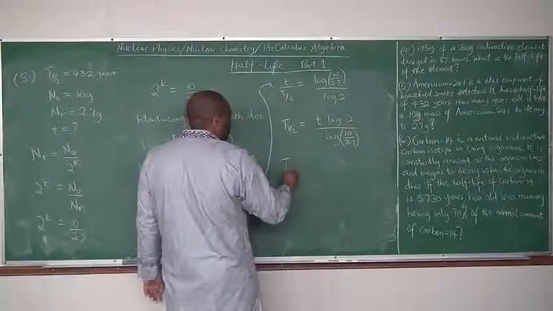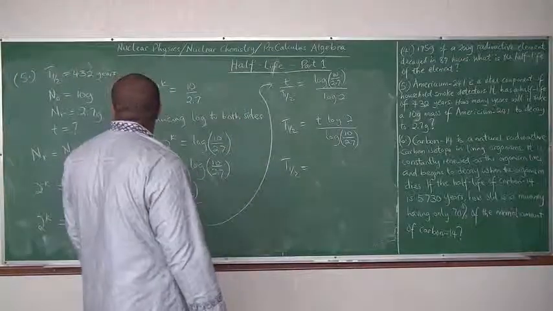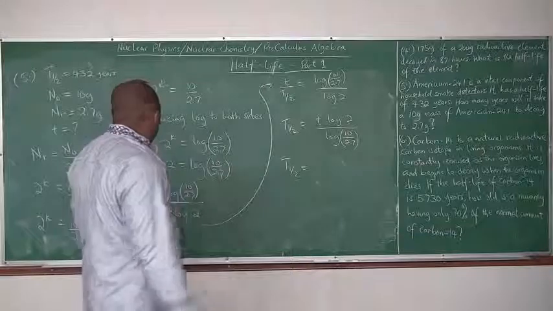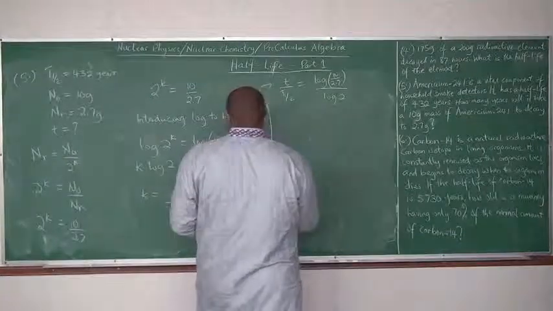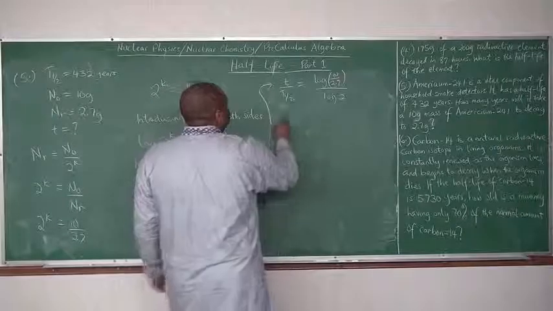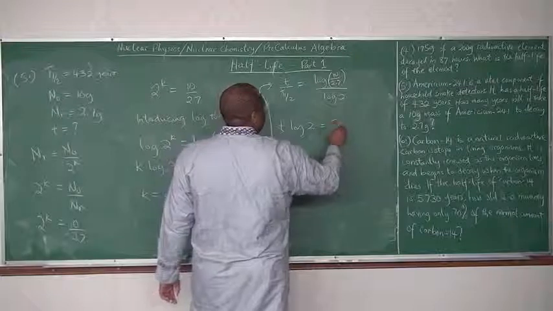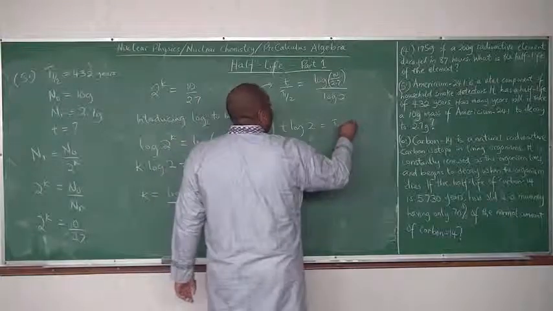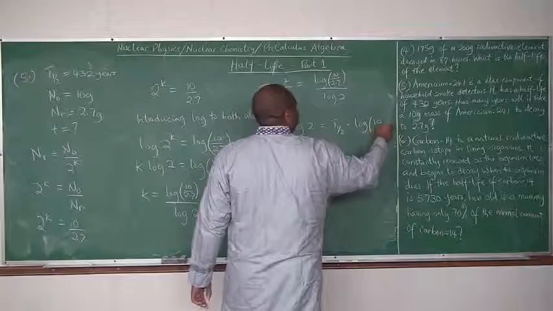Oh, we are looking for t, not the half-life. So t log 2 is the half-life times log of 10 over 2.7.